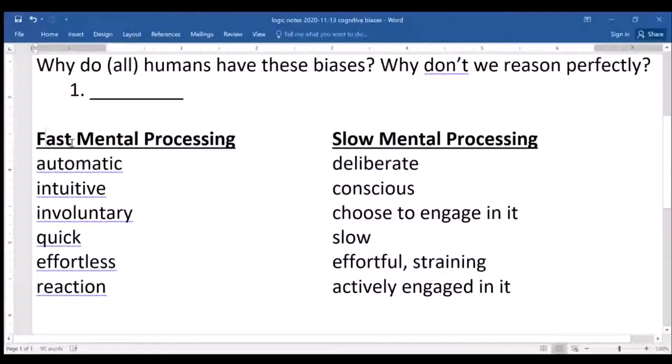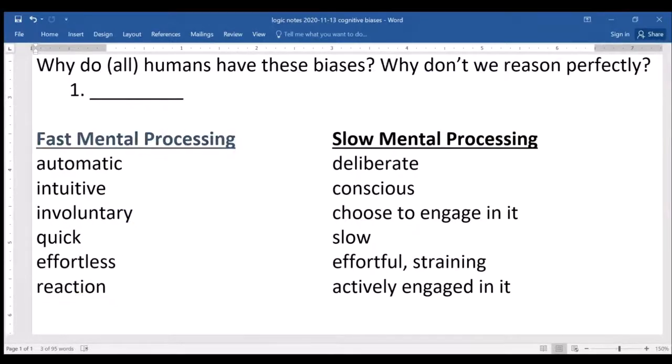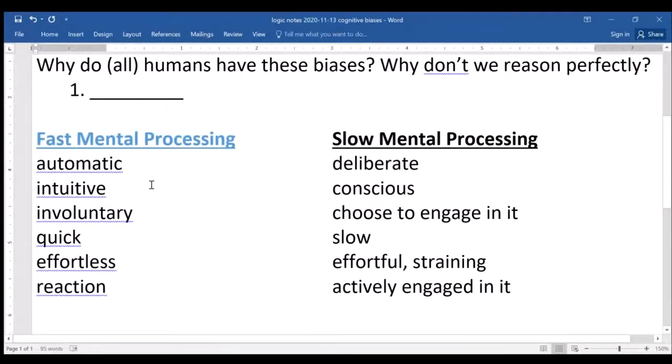And one of the things I want to say about this, if I can go back to our notes, where are they? There it is. Fast mental processing is absolutely magical. It is wonderful and amazing. But because of how automatic, intuitive, involuntary, quick, effortless it is, sometimes it can also be a bit sloppy.